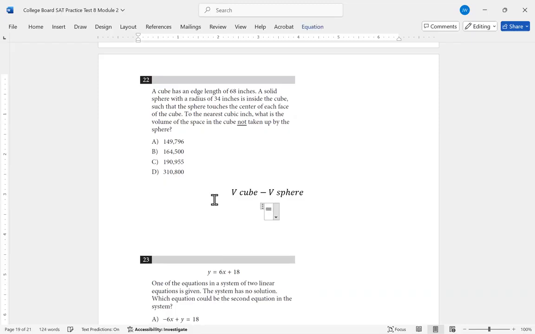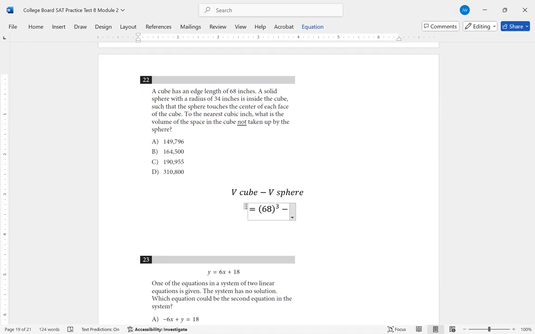Well, when we do that, a cube has volume of side length times side length times side length. If it was rectangular, we'd call it width times length times height. Since each edge length is 68 inches, we're just going to take 68 times 68 times 68. That's the volume of the cube.